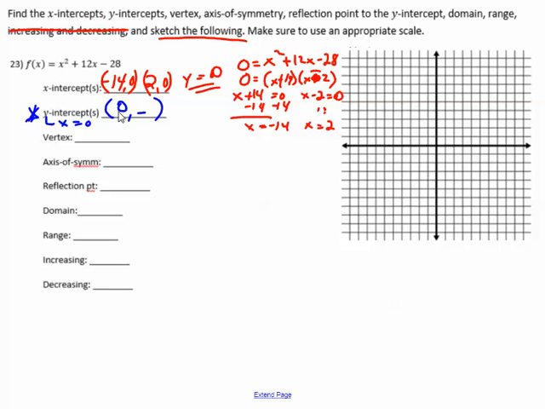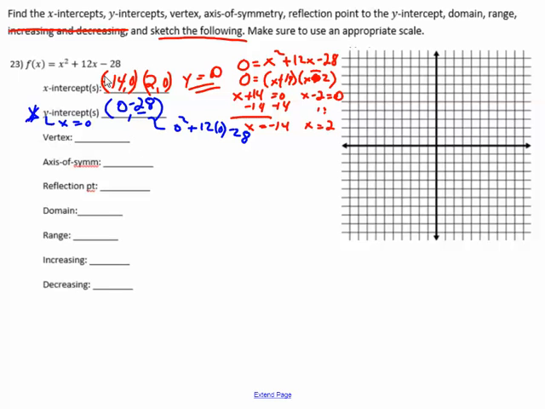Plug in 0 here, and I find that f of 0 is 0 squared plus 12 times 0 minus 28. I'm just taking numbers from right up here, evaluating at x equals 0. I got negative 28. Negative 28 should be my y value. There's my y-intercept.